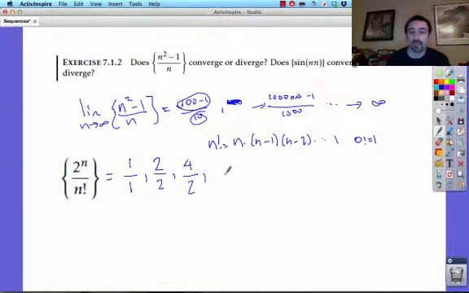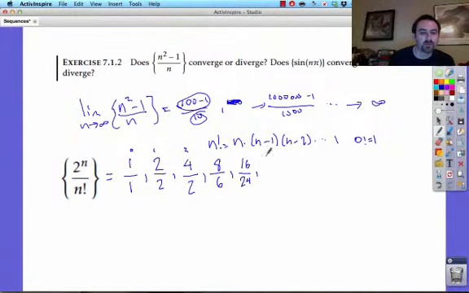Okay, it looks like it's getting bigger, right? Awesome. Let's keep on checking. That was n equals 0, n equals 1, n equals 2. Let's put in n equals 3. We get 8 over 6. All right, now we put in a 4: 16 over 24.